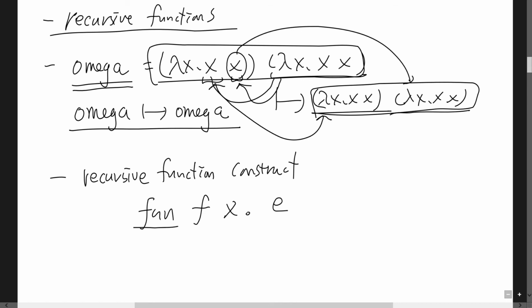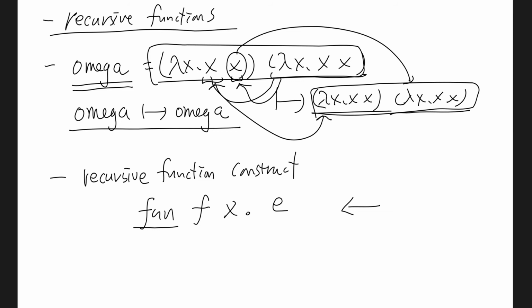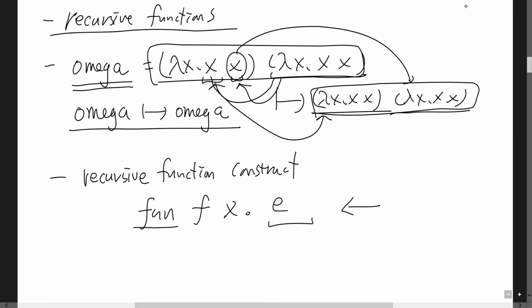So this is a keyword, and this is our notation for writing recursive function f. Of course, inside expression e, you might have many references to the recursive function f itself.